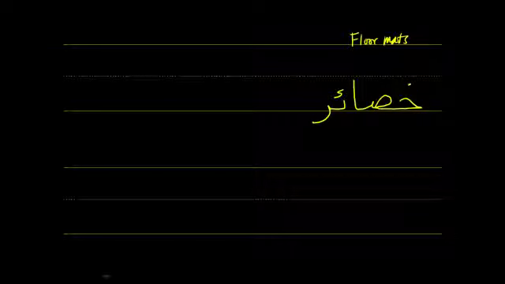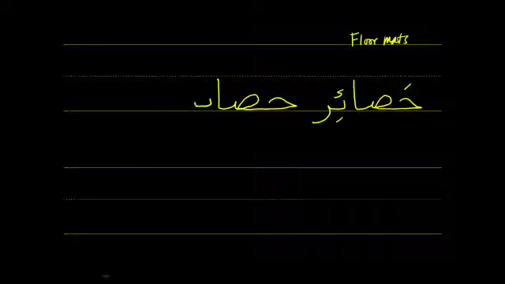And then write our vowels at the end, hasa'ir, like that. I'll write the ha. When you write the sad in the medial position, go a little bit longer because you're going to have room for this teardrop. Then you write your notch, and then you come up for the alif, and then you have the hamza on the ya. So we have this, hasa'ir.